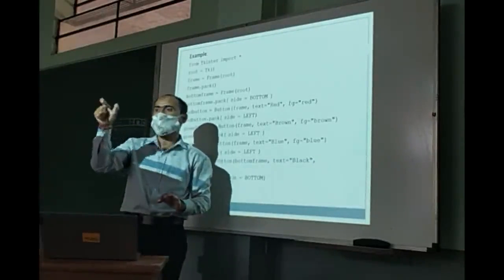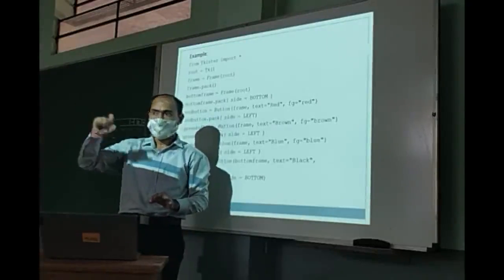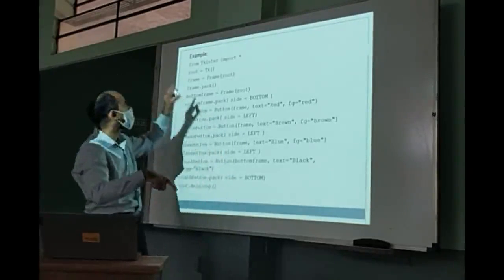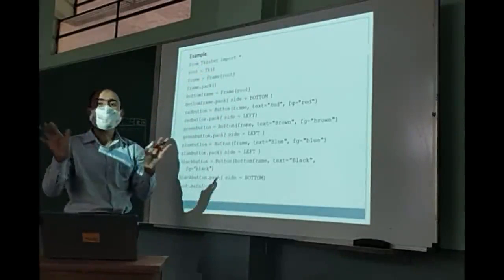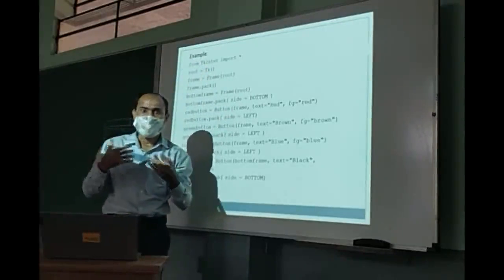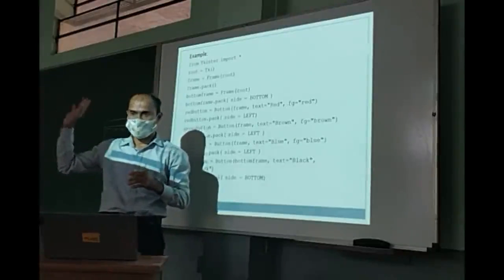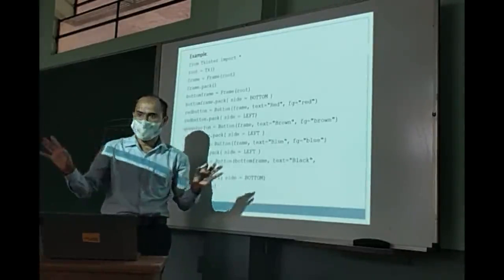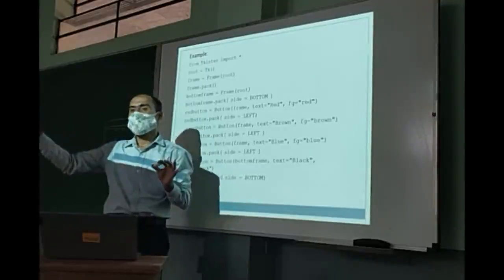That is the reason whenever you use some methods or variables from the module, you have to use the module name, like tkinter.Button or tkinter.Tk, if you are using import tkinter. But if you are using from tkinter import star, there is no need to use the module name. If I have to use the button, I can directly say Button. If I want to use the Tk method, I can say Tk directly, no need to say tkinter.Tk or tkinter.Button.